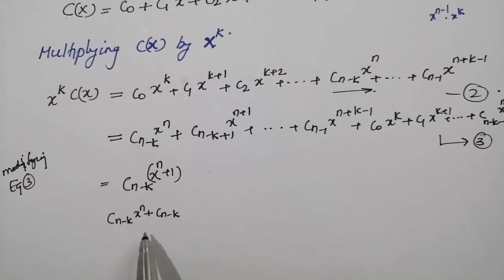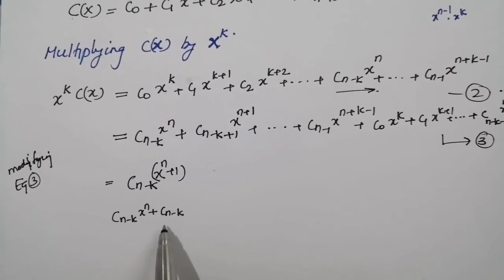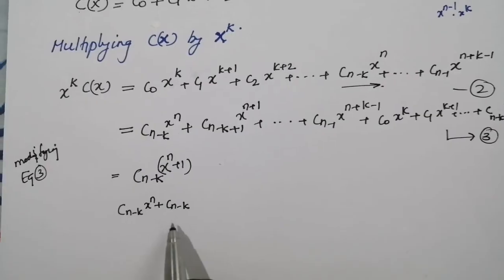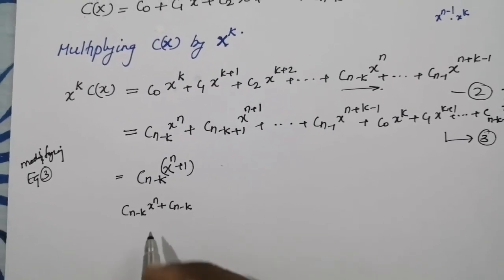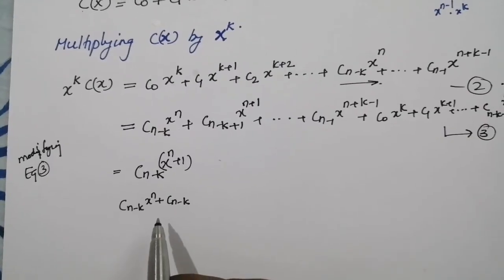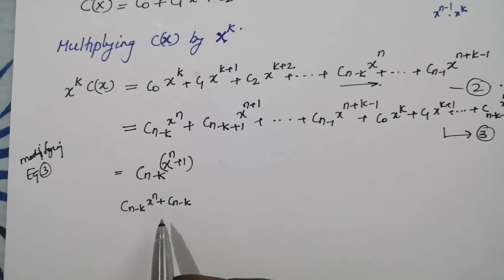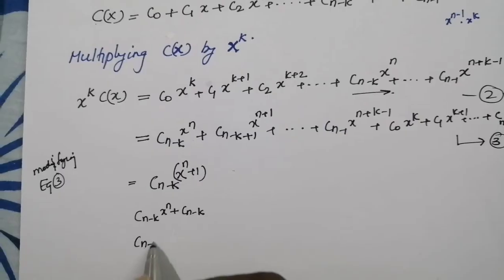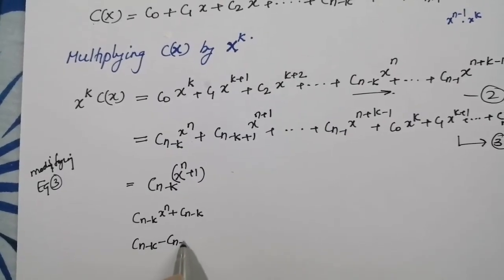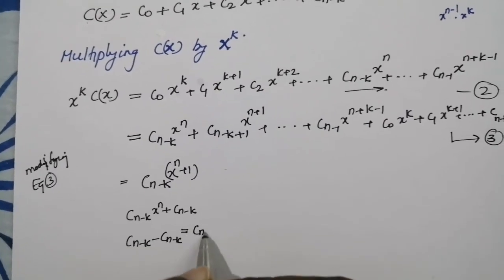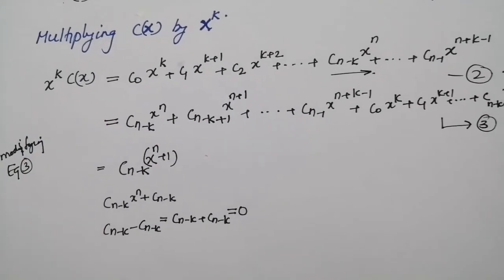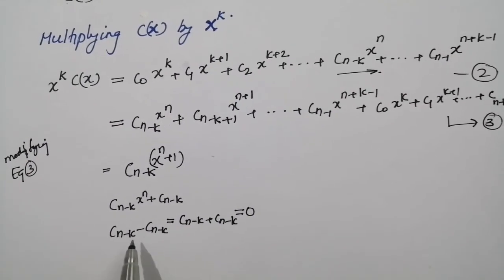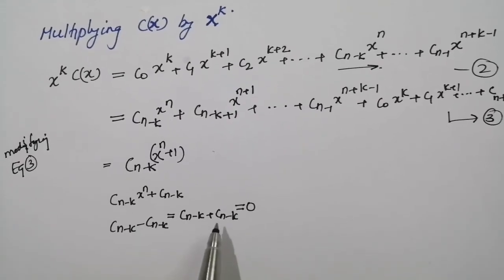You have purposefully added a C n minus k term here, and later we will subtract the C n minus k term. Also we know that in modulo 2 addition is same as subtraction, right? That is, C n minus k minus C n minus k is equal to C n minus k plus C n minus k, which is equal to 0. That is, in modulo 2, subtraction is equivalent to addition.